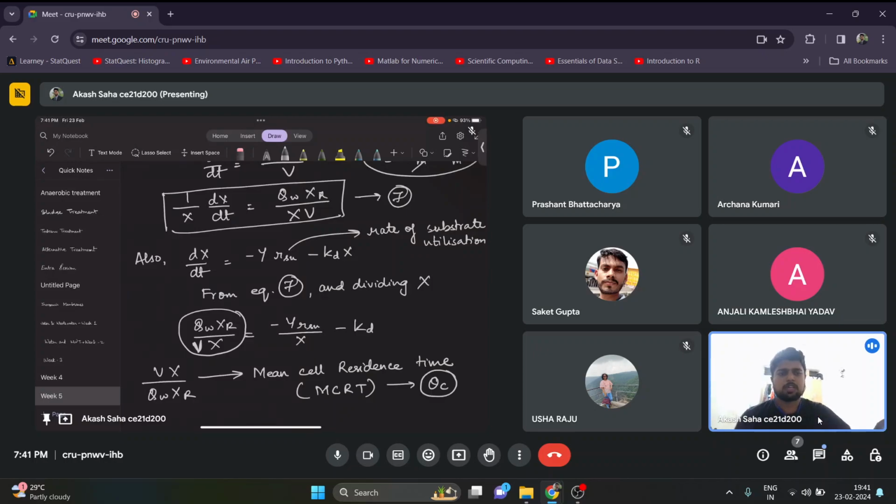So this is one of the most important parameters in our system. We can find this mean cell residence time, like how much time the microorganisms are there in my system. This is one of the most important parameters for designing our wastewater treatment plant. So whenever it directly asks to find out the mean cell residence time, it is nothing but Vx by Qw into Xr.